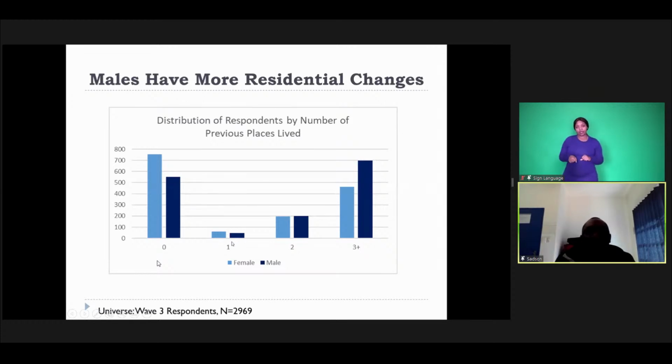With one episode of mobility, males move possibly not much more than females. But as time goes, for two mobilities or two episodes, males move more than females. And this continues with time. For three or more, males are moving more as compared to females.